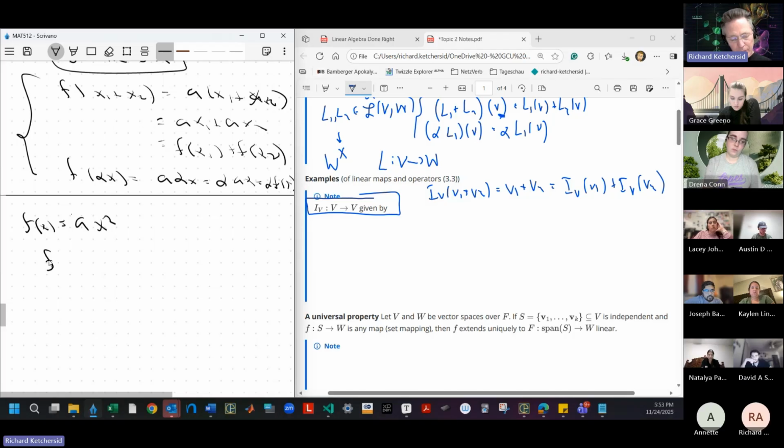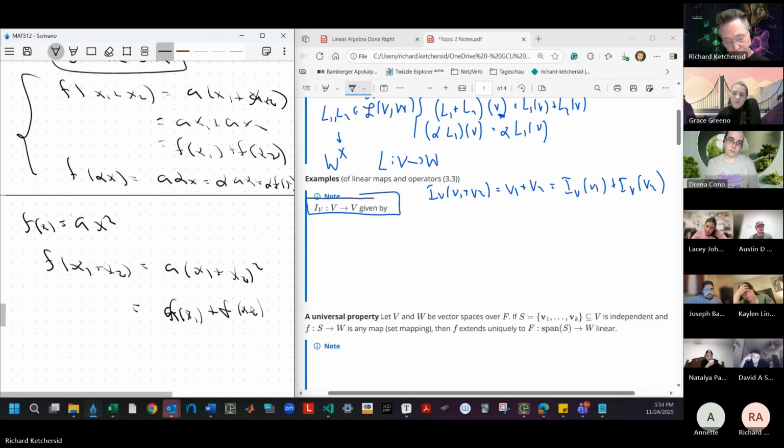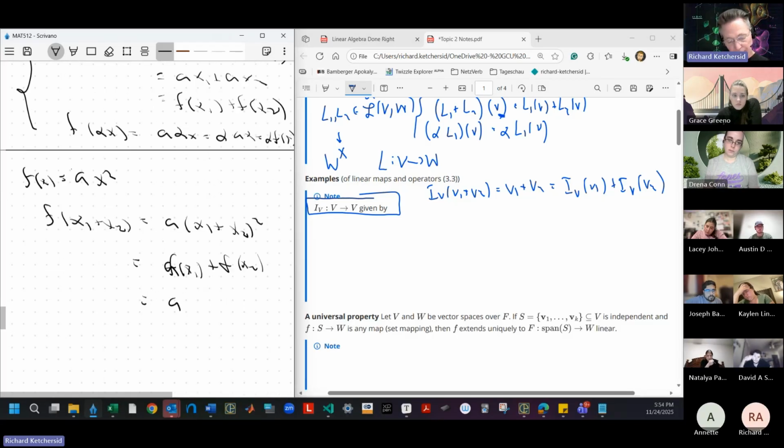Is it true that f of x1 plus x2, which is now a times x1 plus x2 squared, is the same as f of x1 plus f of x2, which is a x1 squared plus a x2 squared?